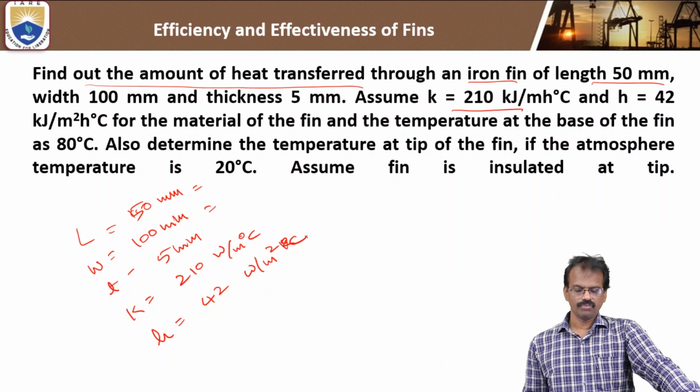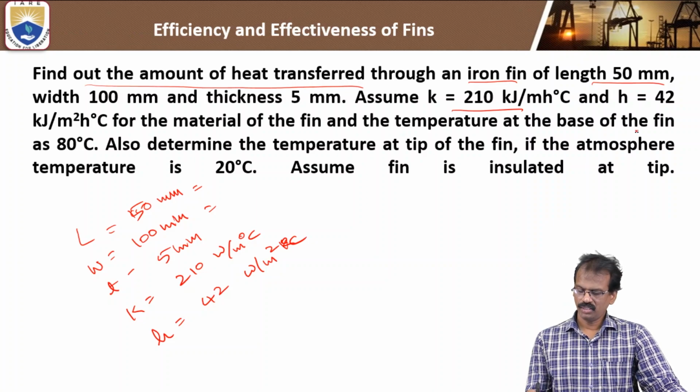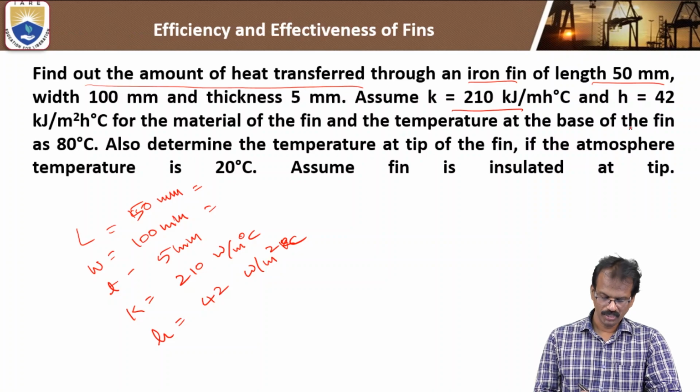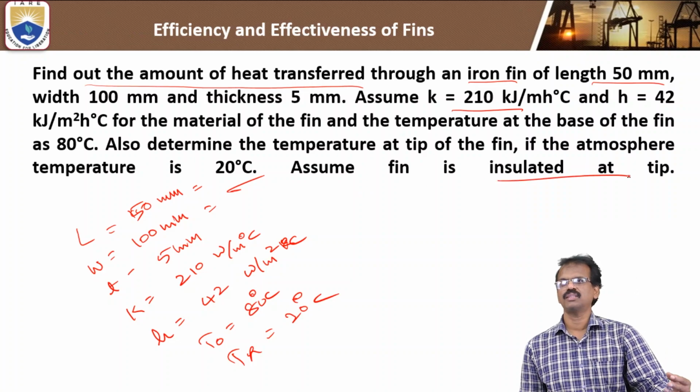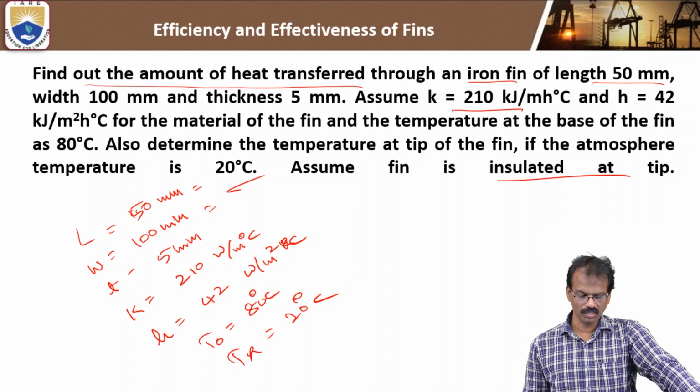For the fin, the temperature at the base of the fin, T naught, is equal to 80 degrees Celsius. Ambient temperature is also given, T infinity is equal to 20 degrees Celsius. Assume the fin is insulated at the end because it is a short fin, with length 50 mm.